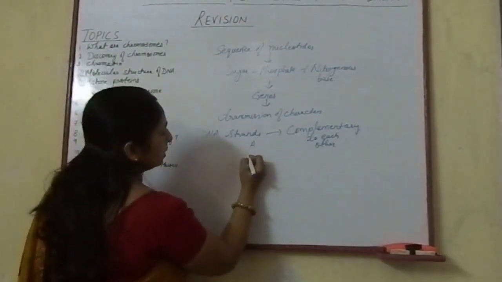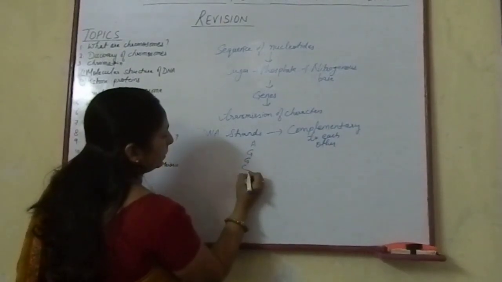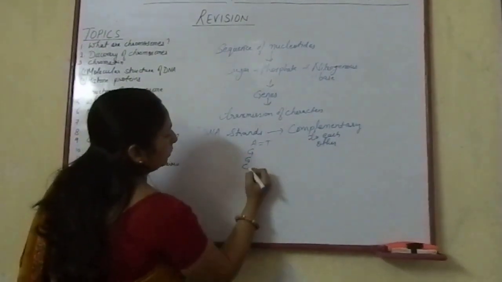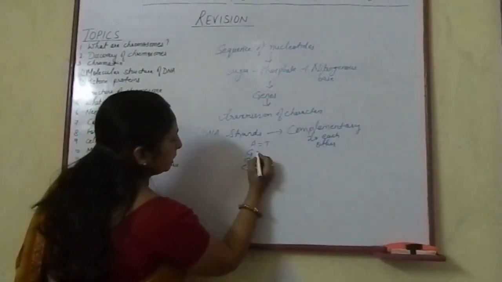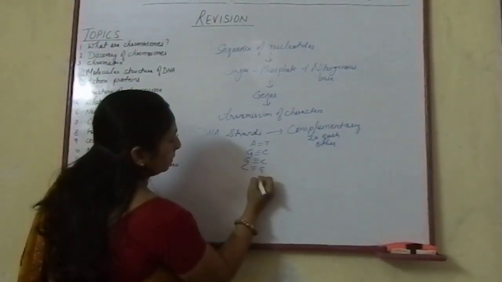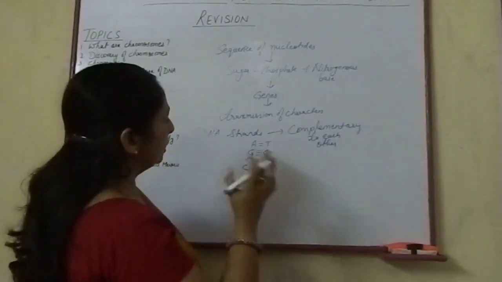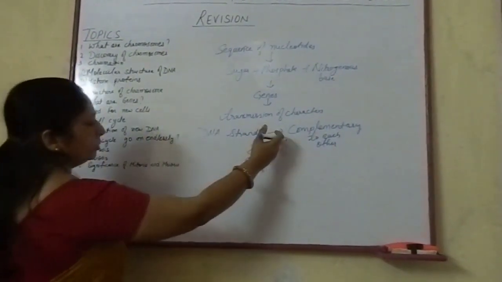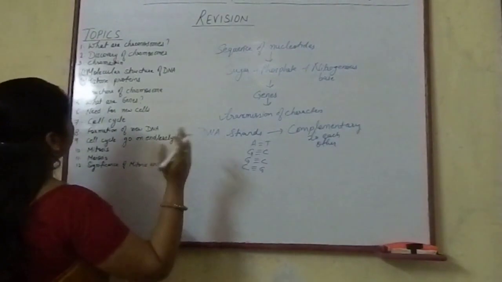If the sequence is like this, then we know the second, complementary strand must be this. So this is how we can find out the complementary DNA strand or gene sequence.